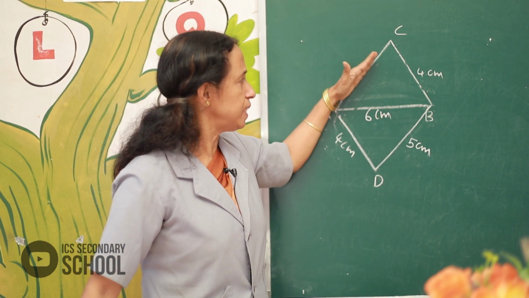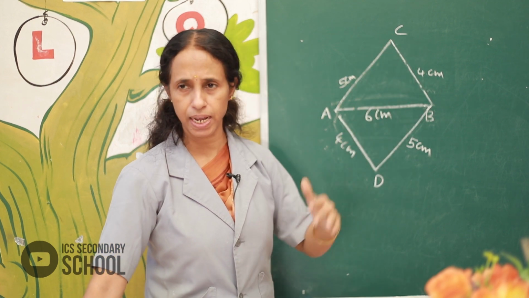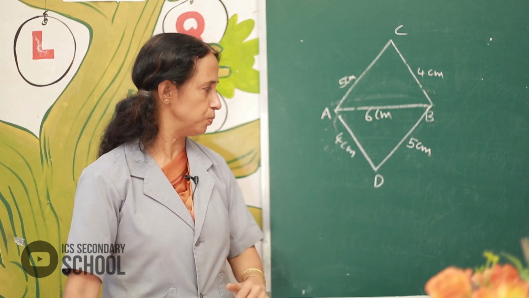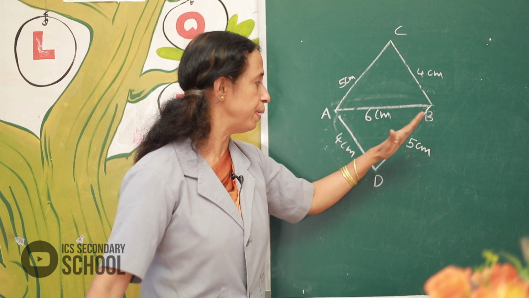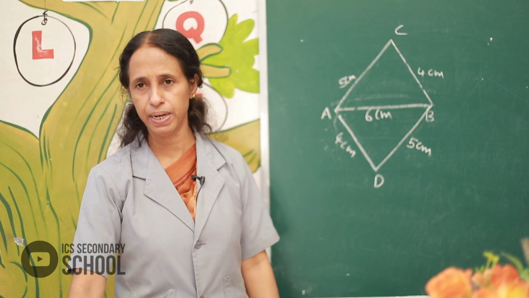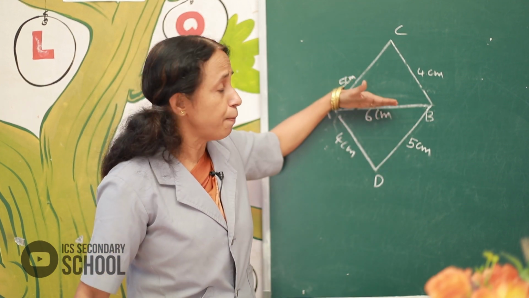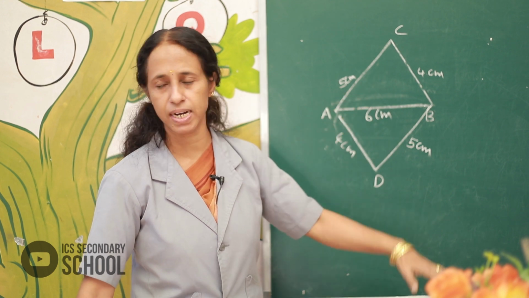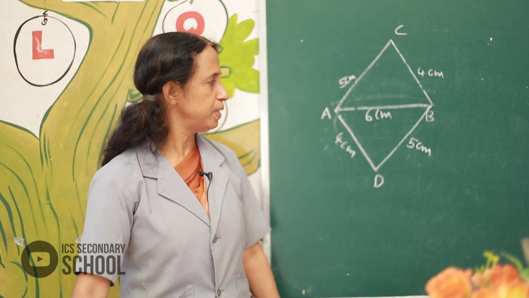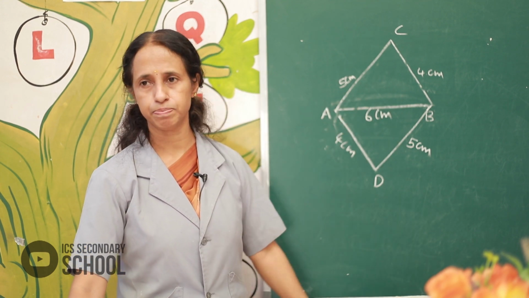The sides AC and BC of triangle ABC are equal to the sides AD and BD of triangle ABD. Here AB is the common side of both the triangles.